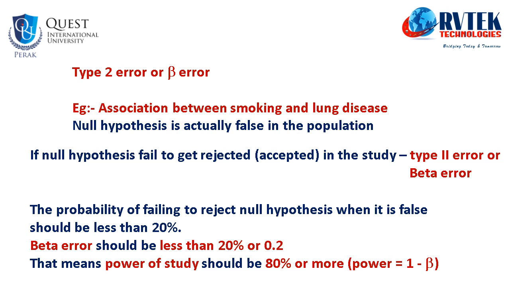It should be less than 20% or less than 0.2. That means the power of the study should be 80% or more.